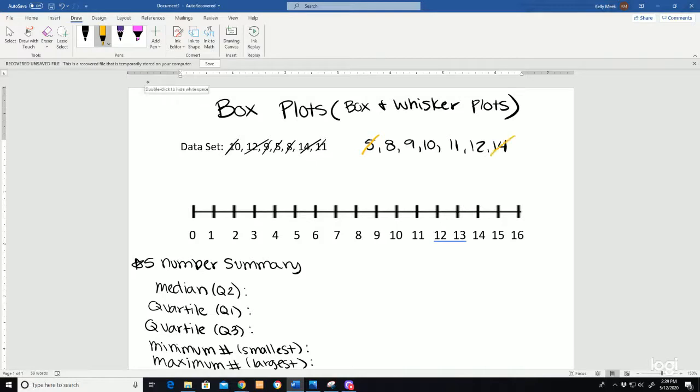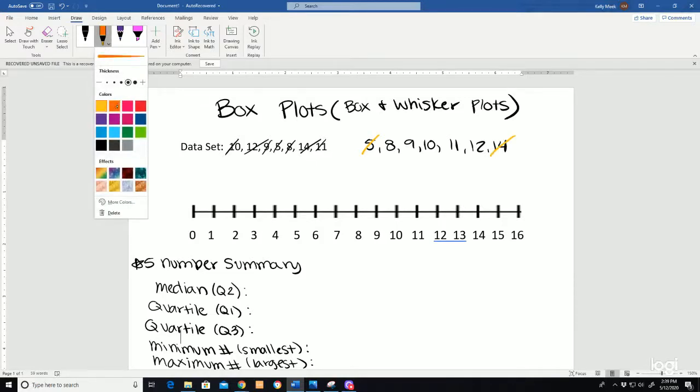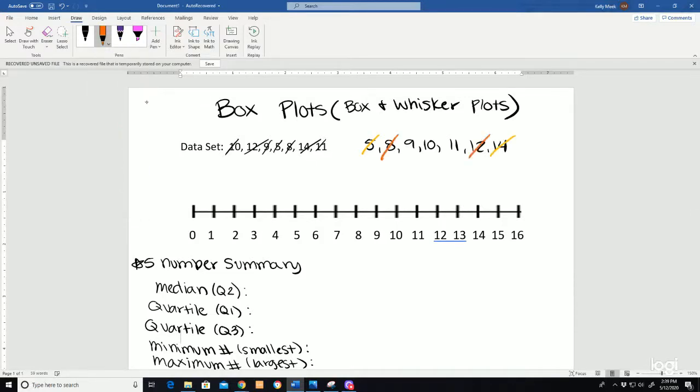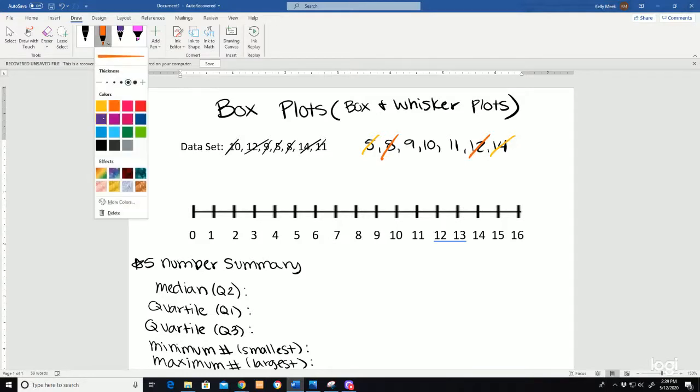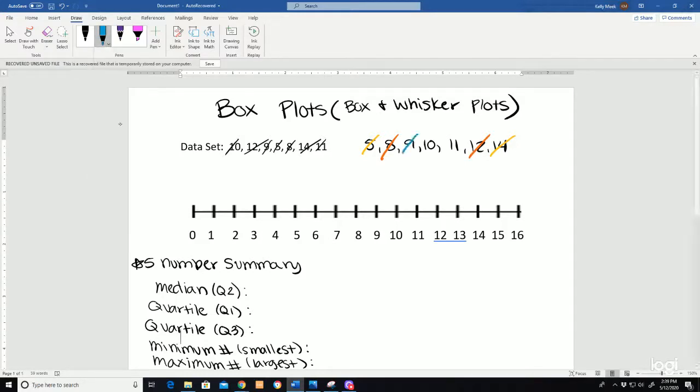Smallest, largest, gone. I'll do it again, and keep doing this until I'm left with one number in the middle. As you can see, I am left with one number here in the middle, and this guy is my median. It's my middle number, so 10.